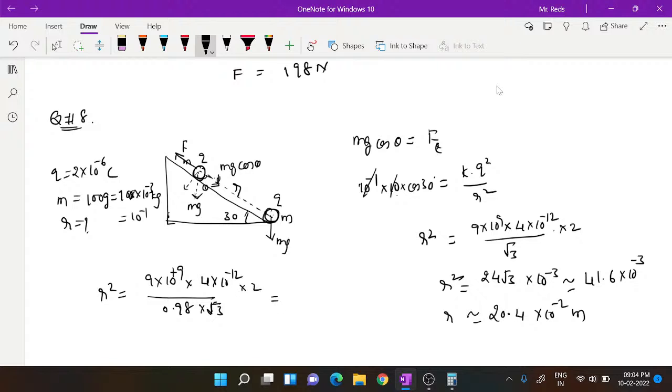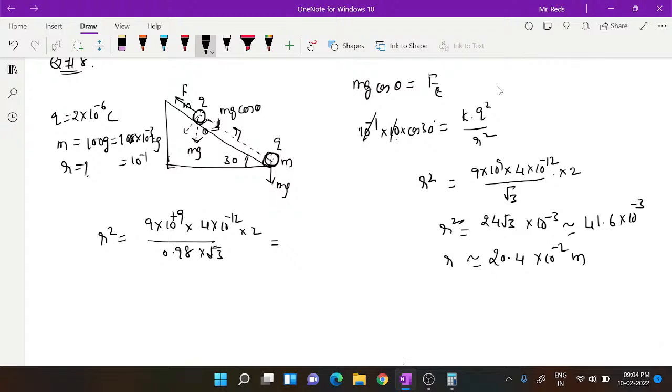Into 2. It is equal to 9 fours, 36. So 36, if you want to express this further, it is 0.98 into root 3, which is 1.732, and this will be 36 into 2, 72, into 10 to the power minus 3.